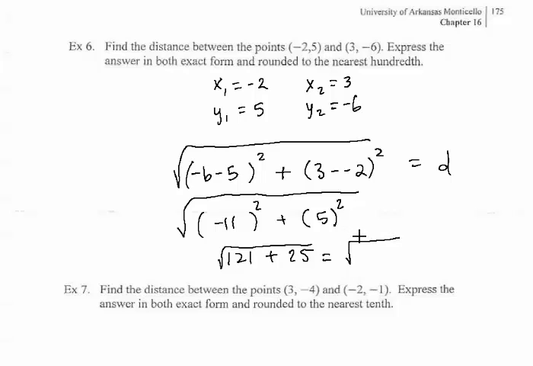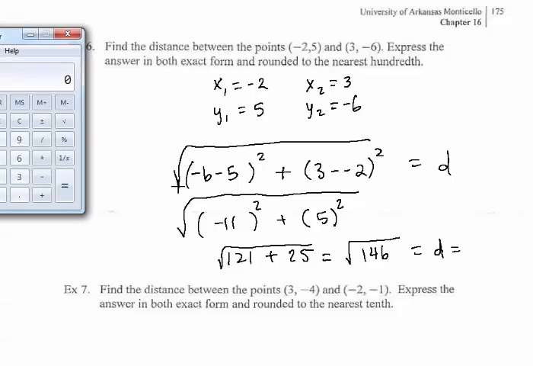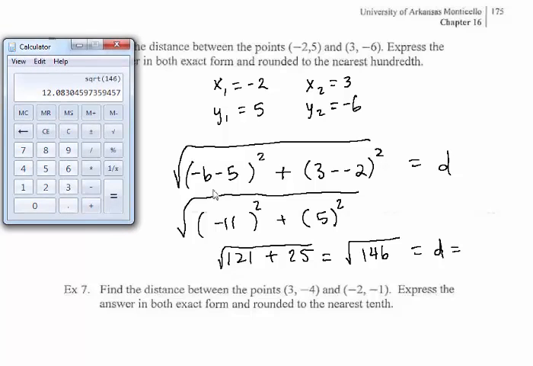That ends up being the square root of 146, and that's our distance. This is the exact solution, and then they want us to come up with an approximate one. So we just simply pull out our calculator, type 146, and then hit the square root button, and we get approximately 12.08.